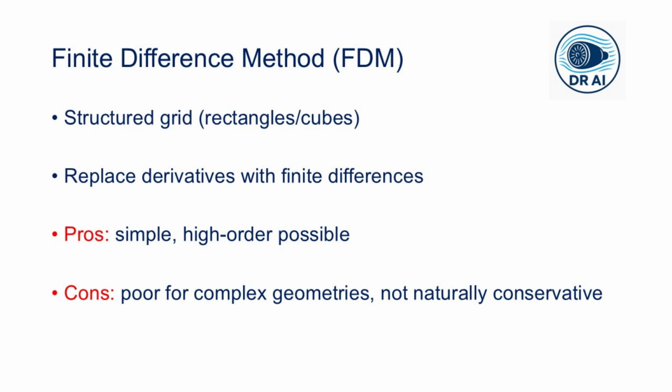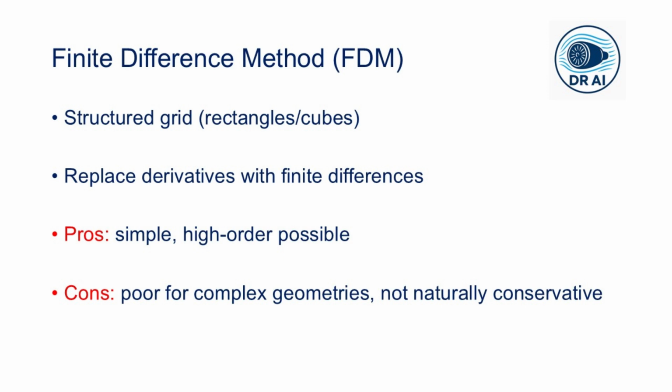The pros: it is very easy to derive high order schemes such as fourth order or sixth order, and it is computationally efficient on simple geometries. Now, there are disadvantages also. The grid must be structured like a checkerboard. Curved boundaries are approximated by stair steps or require complex coordinate transformations. FDM also does not naturally conserve mass, momentum, and energy unless you are very careful.